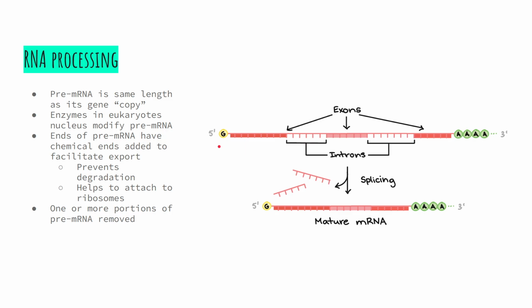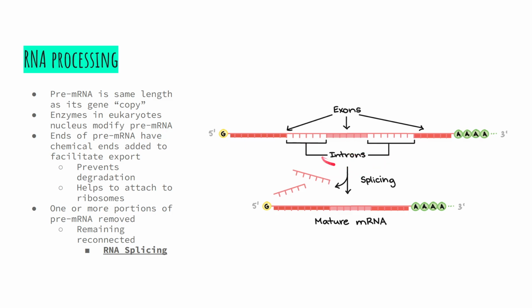One or more portions of the pre-mRNA are removed and the remaining portions are reconnected. This is known as RNA splicing. If we look at the picture here, we see our full pre-mRNA, the copy of the gene, and we have something called exons and introns.